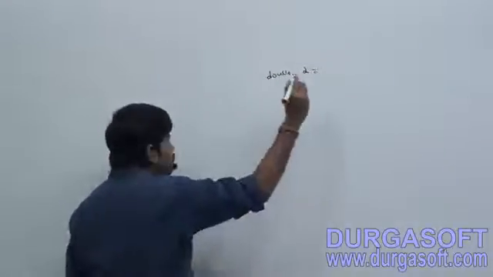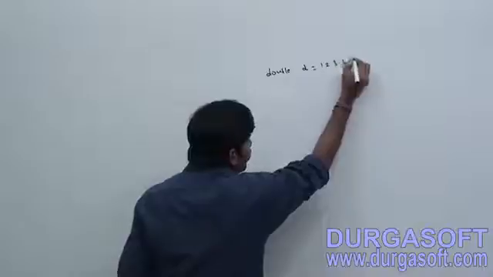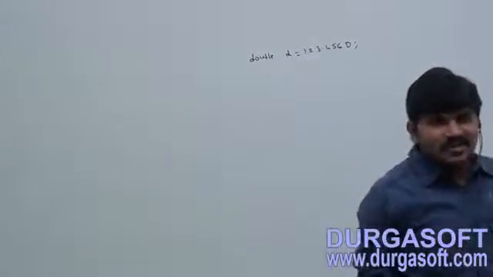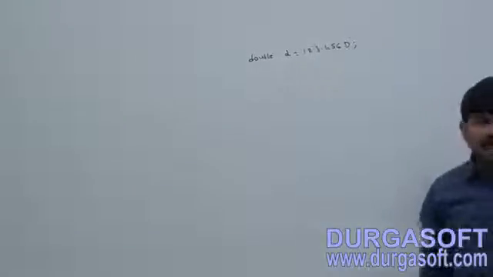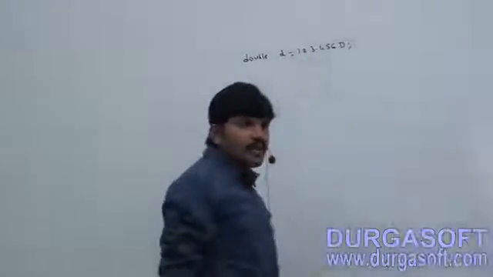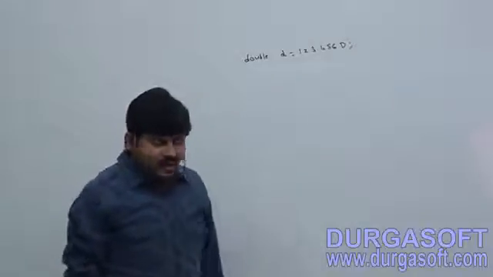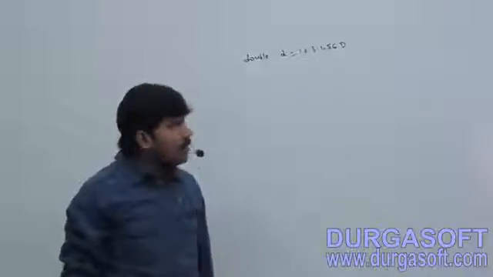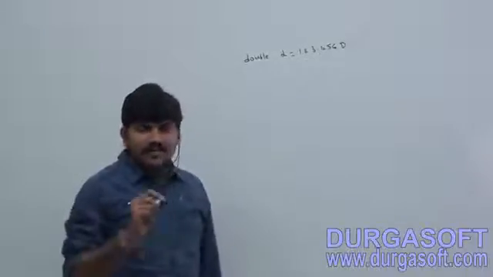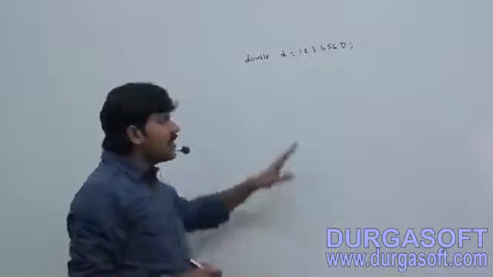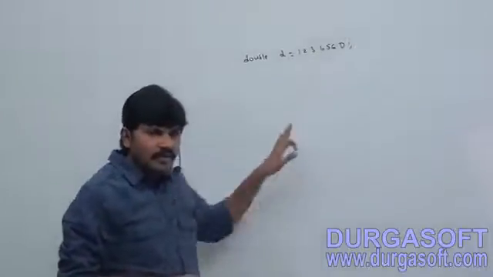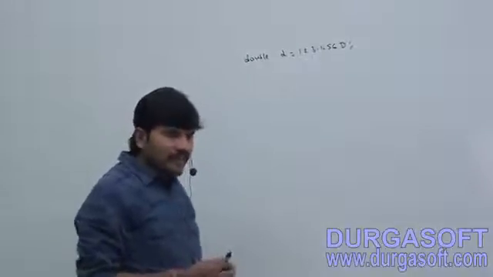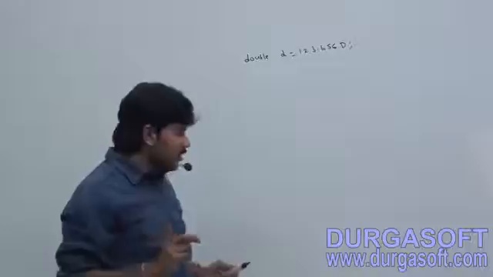Double d is equal to 123.456 capital D. Small f or capital F means float, small d or capital D means double. Valid or not? Valid or invalid? 100% valid.